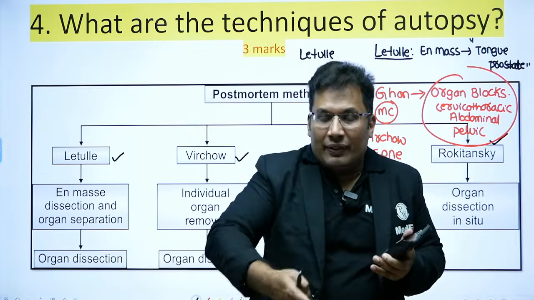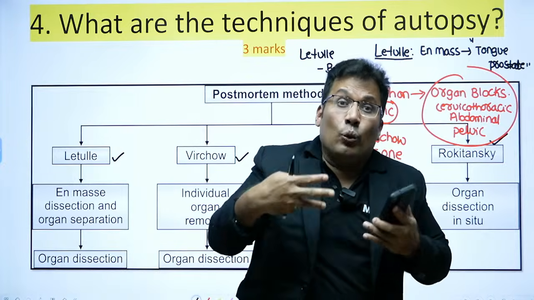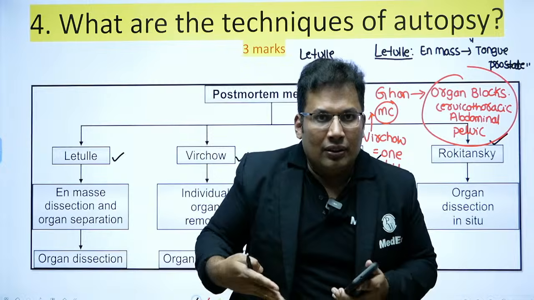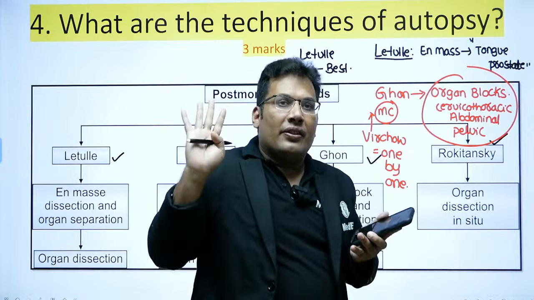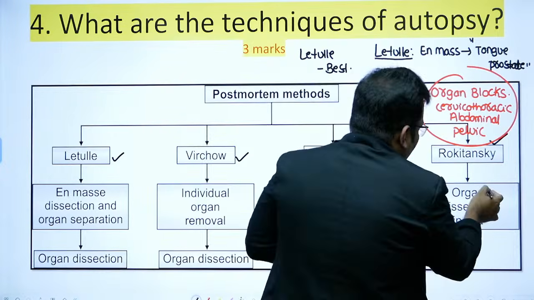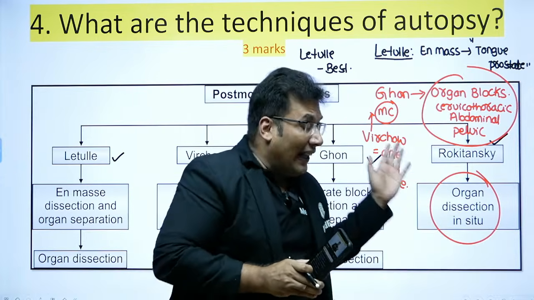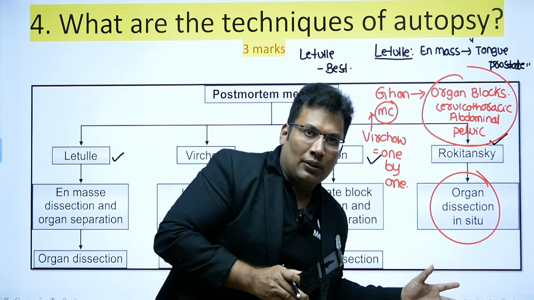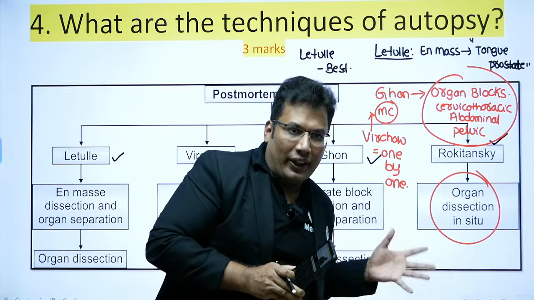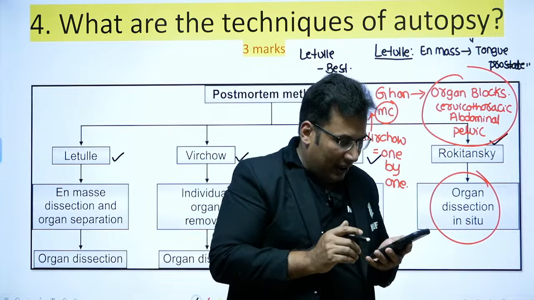So in that case, we are just opening the midline and doing in situ dissection. That is known as Rokitansky. So Rokitansky means organ dissection in situ. I hope you are understanding.